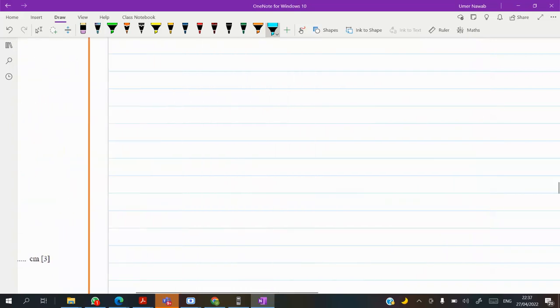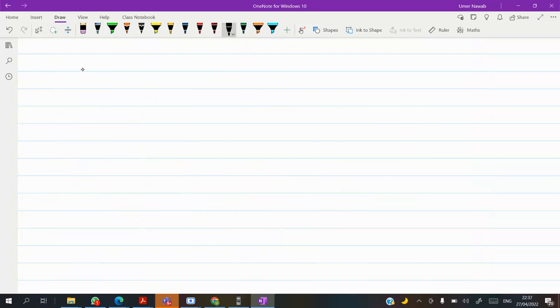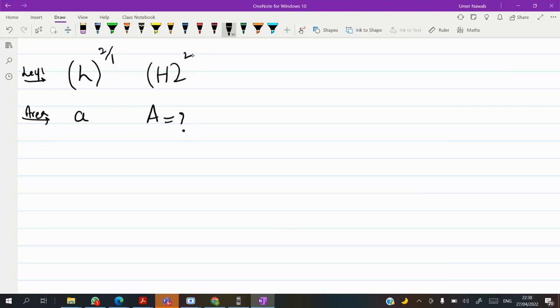Okay, guys, let me explain it again. If heights are given and you want to find one of the areas, so A stands for area, this is area and this is length. So my friends, if you want area, you will write here 2 over 1, 2 over 1, and then you do the cross multiplication.